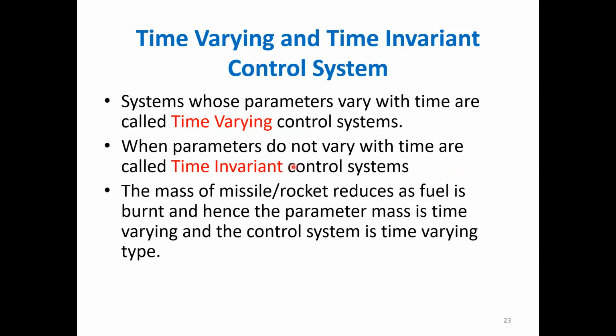Okay, now move on to the time varying and time invariant control systems. What are these? See, systems whose parameters vary with time are called time varying control systems. Look at the point here.